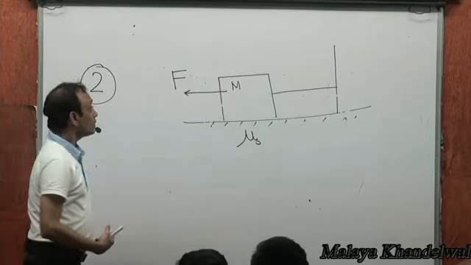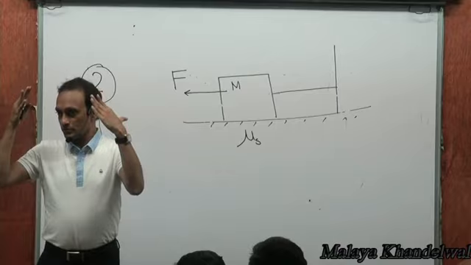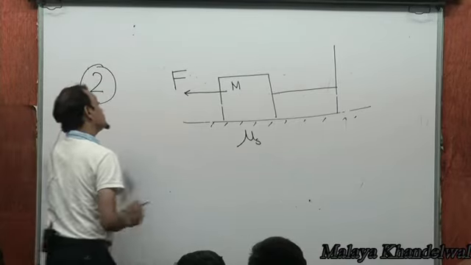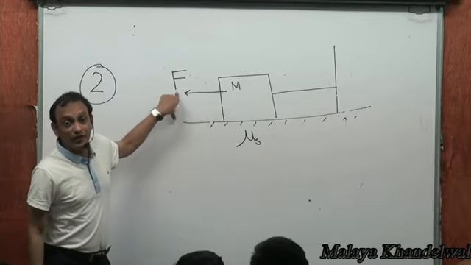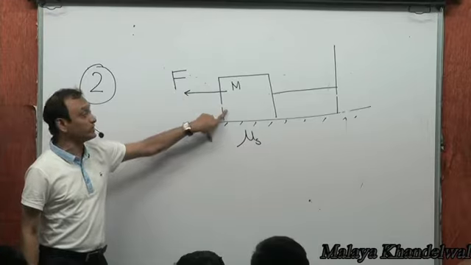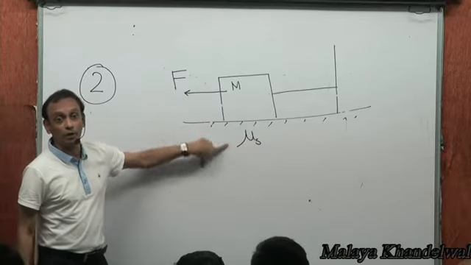But as capital F is gradually increased, the load on friction also increases commensurately, right? Frictional force begins to grow in magnitude, right? And eventually, for a certain value of F, which is the maximum static friction between the block and the ground. What is the maximum static friction between the block and the ground? Mu s mg.